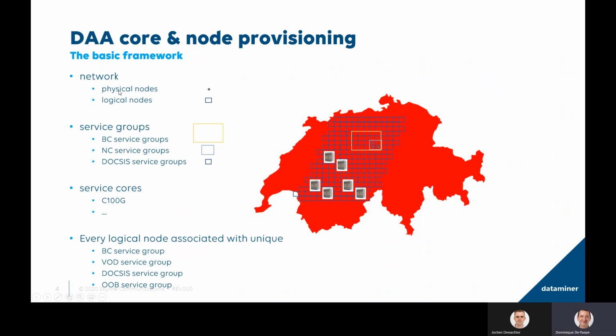With all these logical nodes, equal serving areas, will be associated services. These services, for example, include a broadcast video service that typically has a bigger serving group.